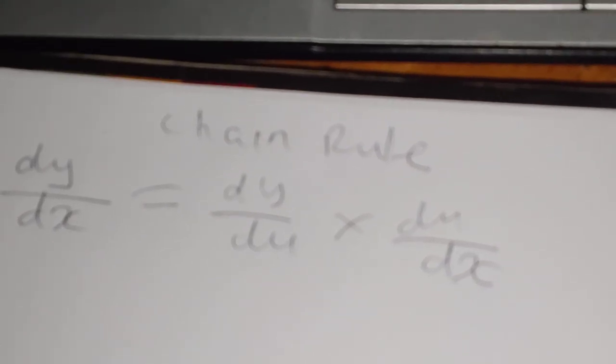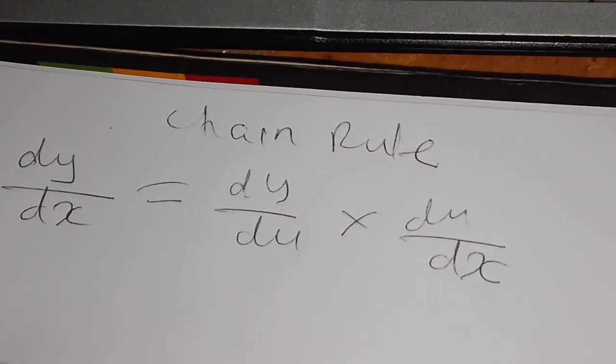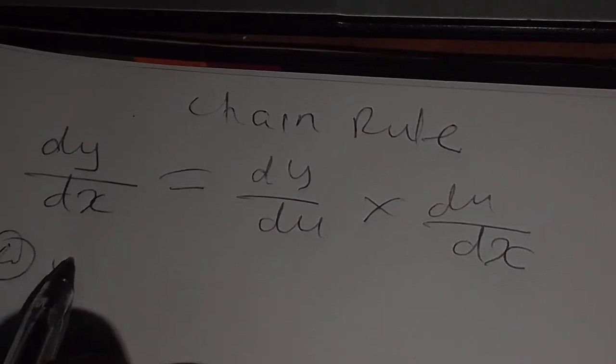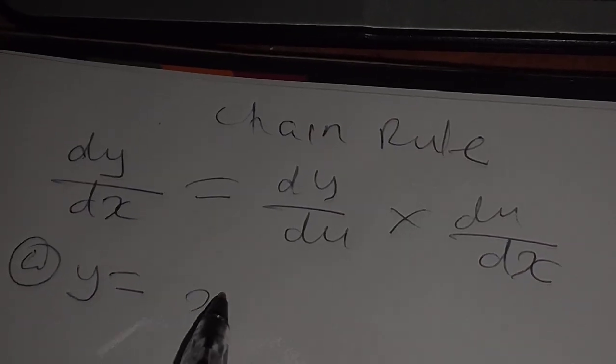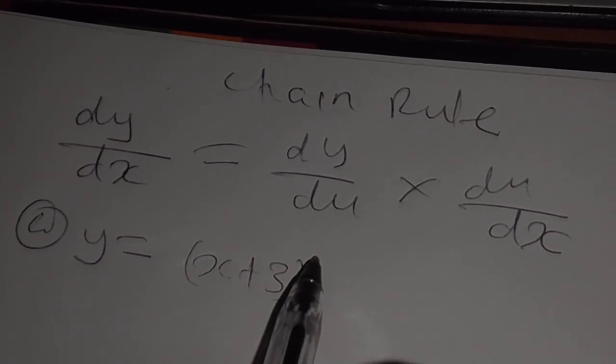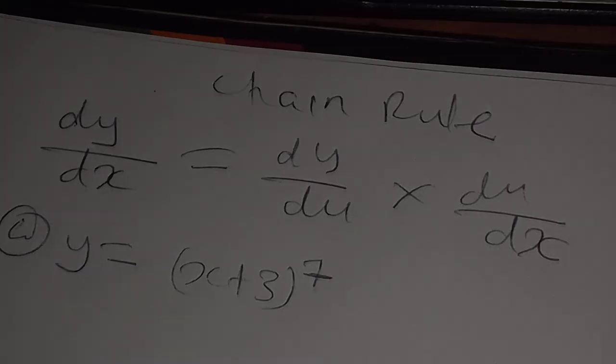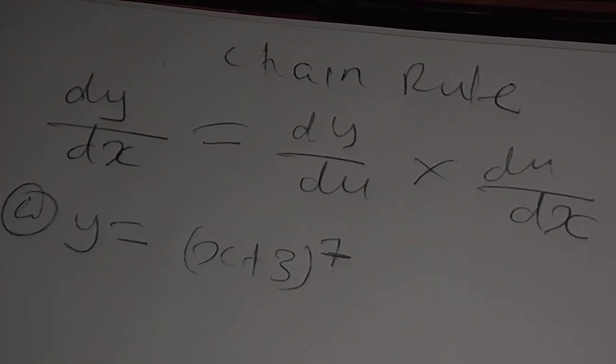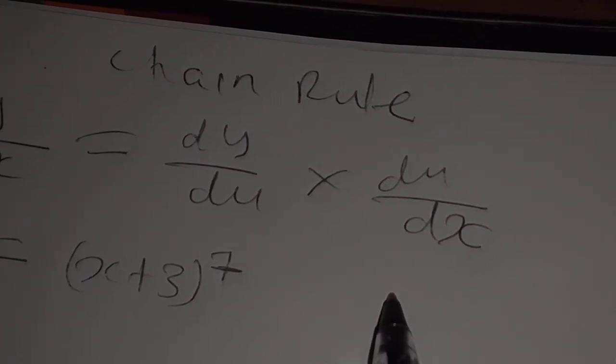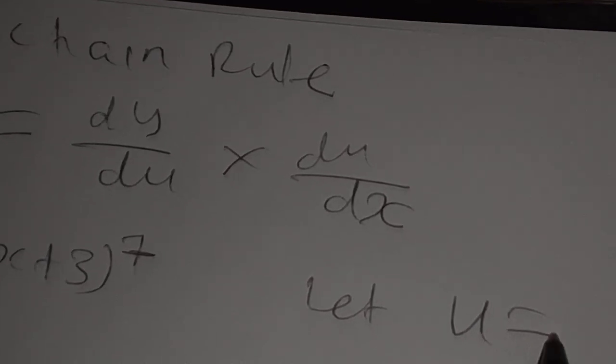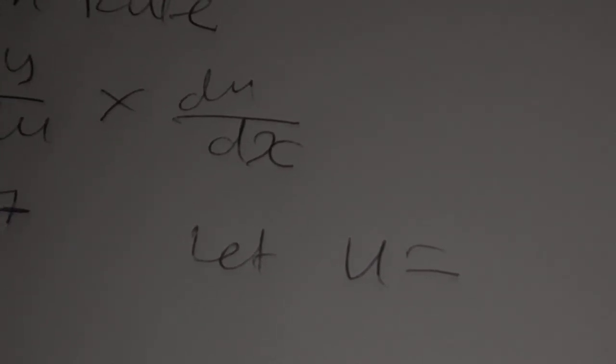So let's quickly look into our question A. We have y is equal to (x plus 3) to the power 7. If you are given this function, the first thing you have to do is say let u equal to, and our u is always equal to what is in the bracket. So what's in our brackets? We have x plus 3.